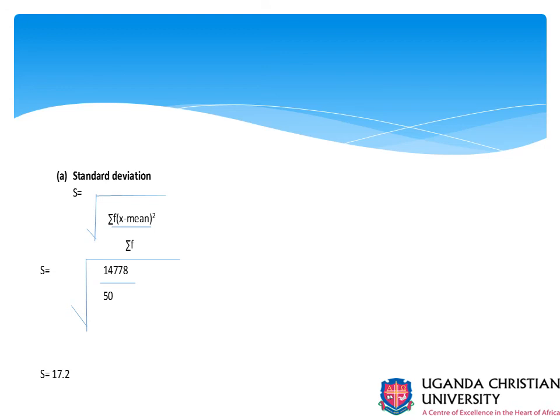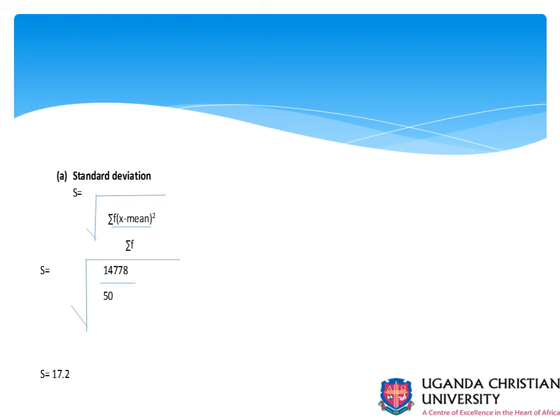So on average, the observations deviate 17.2 away from the mean. So 17.2 shows the variability of the observations from the measure of central tendency, or from the mean.